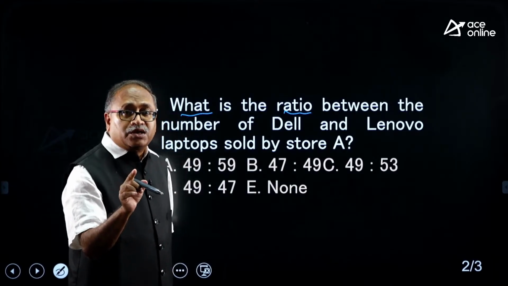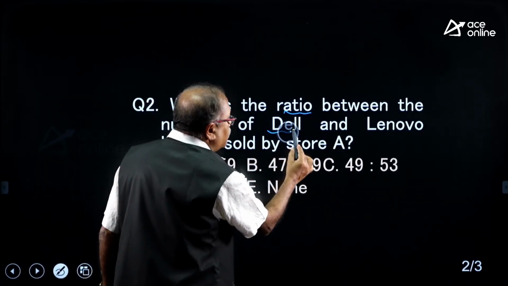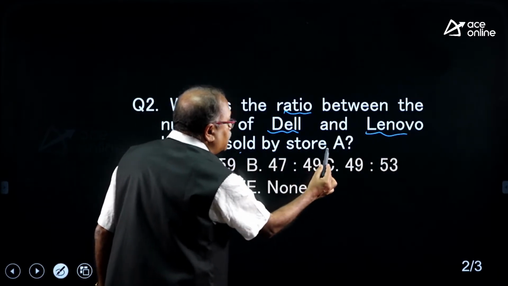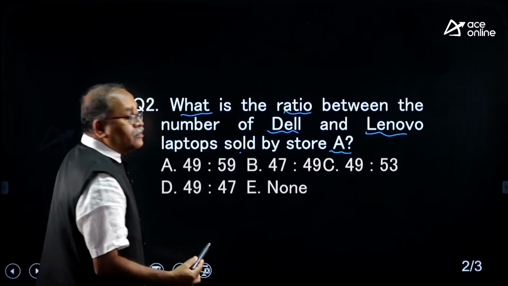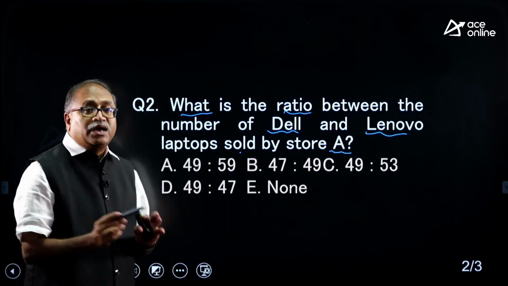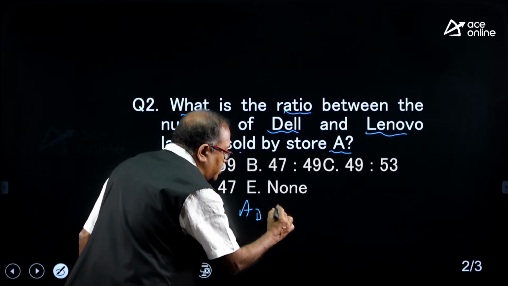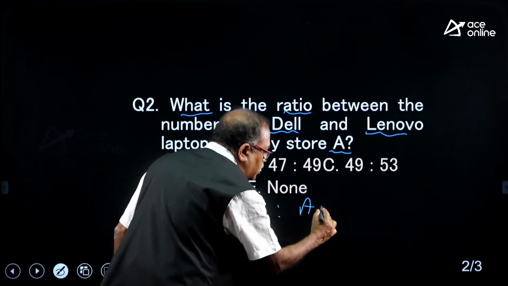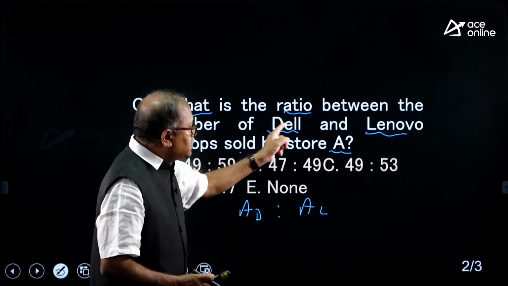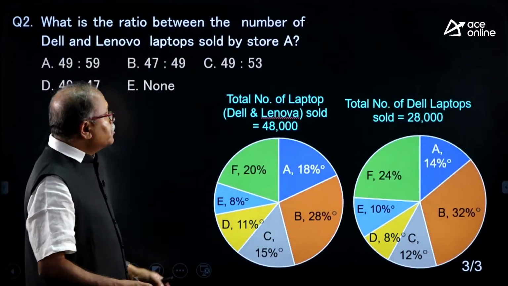It is talking about ratio, remember that part, between the number of Dell and Lenovo laptops sold by store A. That means store A Dell is to store A Lenovo. What is this ratio? Is it first Dell? Yes, Dell to Lenovo. So, how do I work out over here?